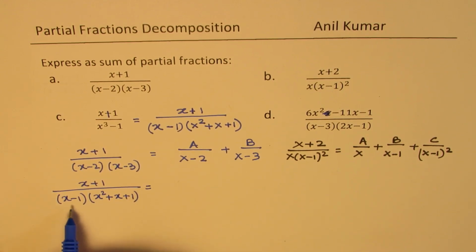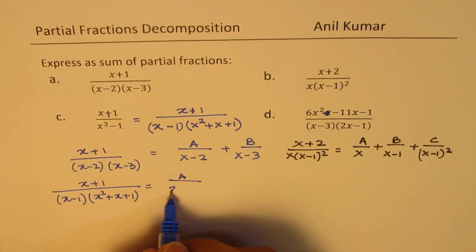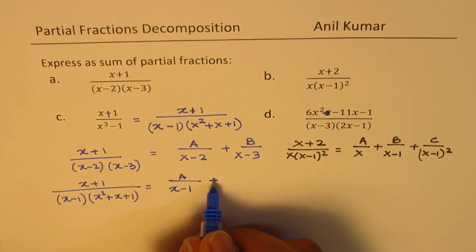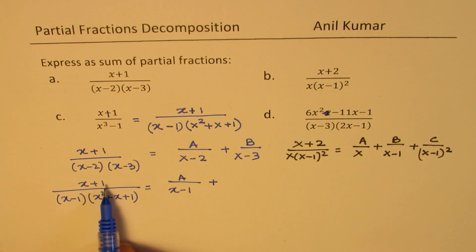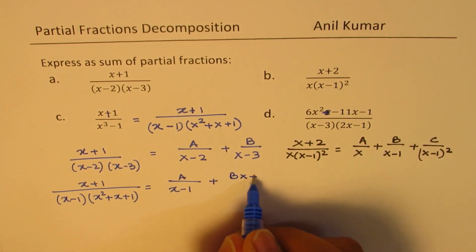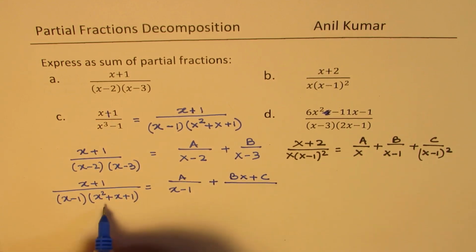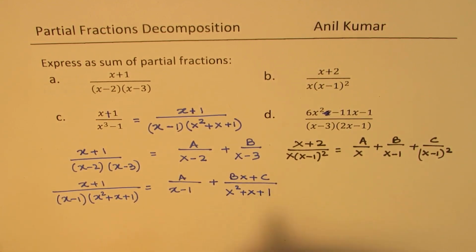Now we will write this as a over (x minus 1), right? That's clear. Plus what? Now since we have denominator which is of order 2, we should have a linear function on the top, right? So we'll write this as plus (bx plus c) over all this, which is x squared plus x plus 1. Is that clear to you, right?